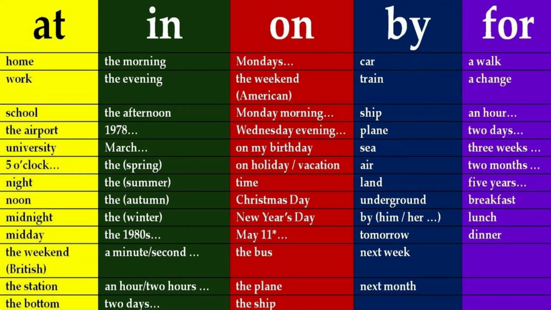In English, in is used for both closed spaces and periods of time. At is used for a specific time or place, and on is used to describe the surface something is on or a day. So prepositions are kind of confusing because they have many uses. One preposition can be used in many different ways, and a suggestion would be to practice making different sentences.